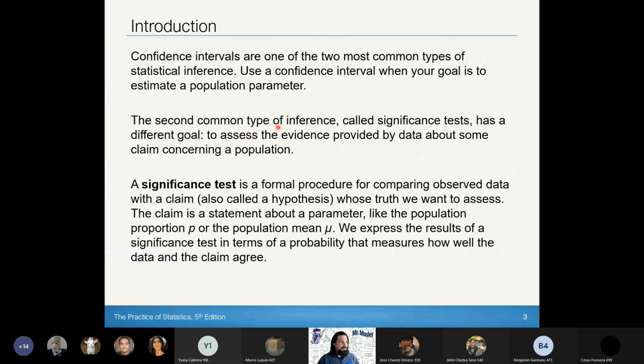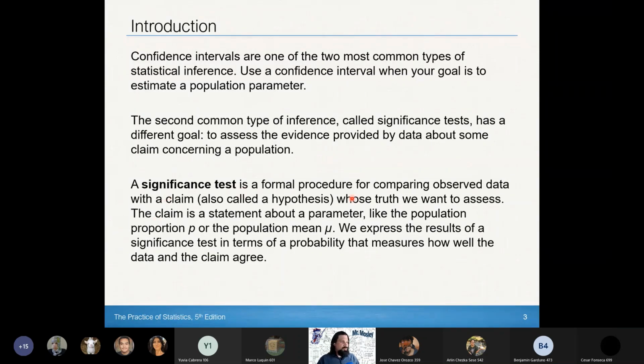The second common type of inference, called significance tests, has a different goal: to assess the evidence provided by data about some claim concerning a population. Right, so confidence intervals are used to make an inference about what a parameter might be, to estimate a parameter. Significance tests help us evaluate or make an inference about a claim.